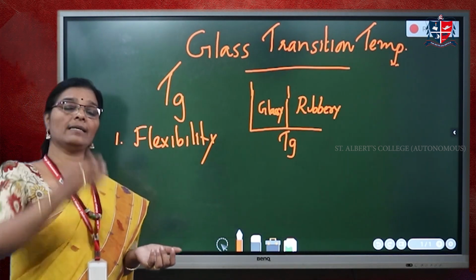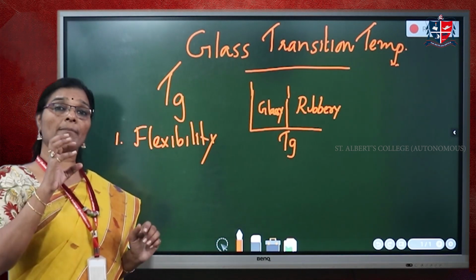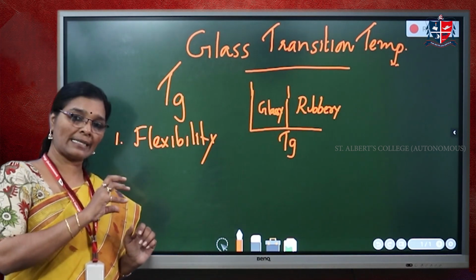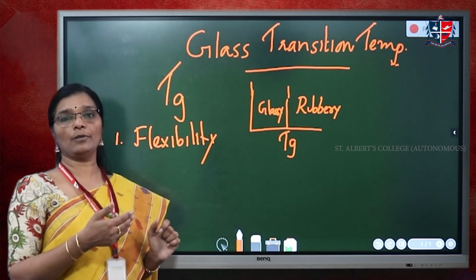At that time the value of Tg will increase. So, a bulky substituent group or aromatic ring attached to a linear polymer chain will increase the value of Tg.